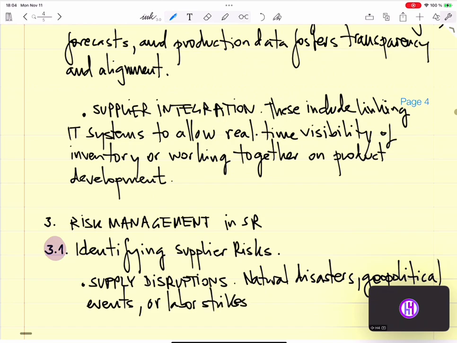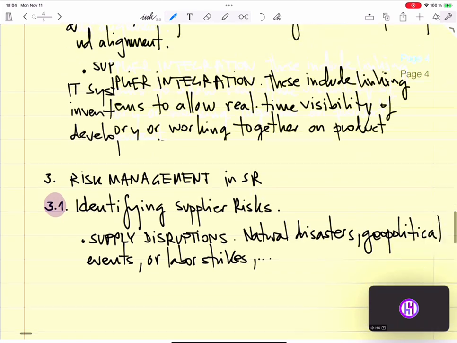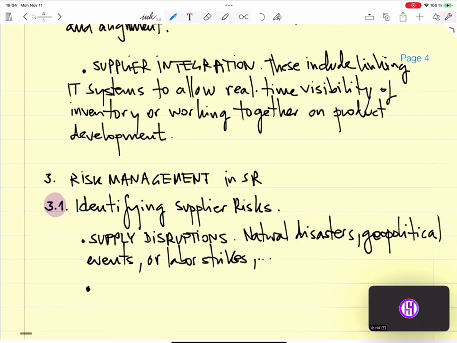Okay. Many things that can happen in the supply chain.